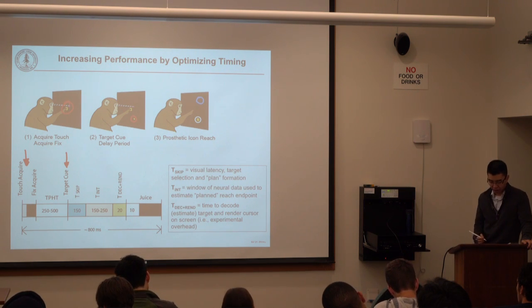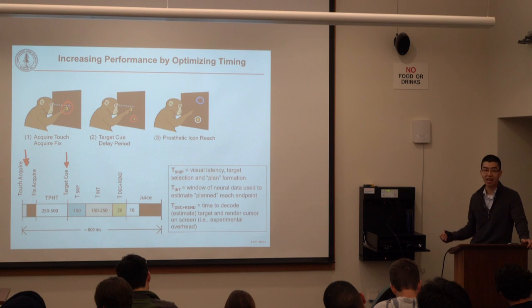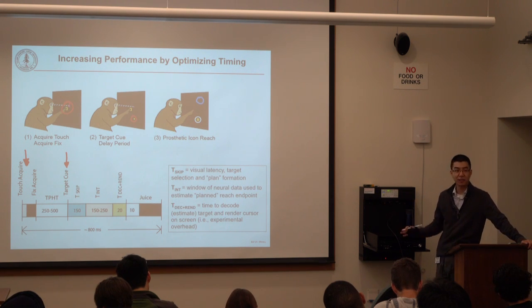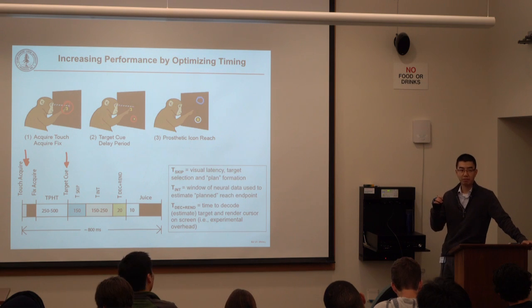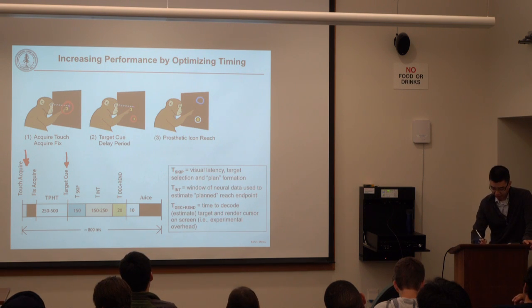And so the next slide will show how we select this t-skip, but this t-skip is basically, you can think of it as reaction time. If I were to show you a target right now, for the first, say, 150 milliseconds, you wouldn't have had time yet to plan a reach to that target. And so this t-skip is basically accounting for reaction time.